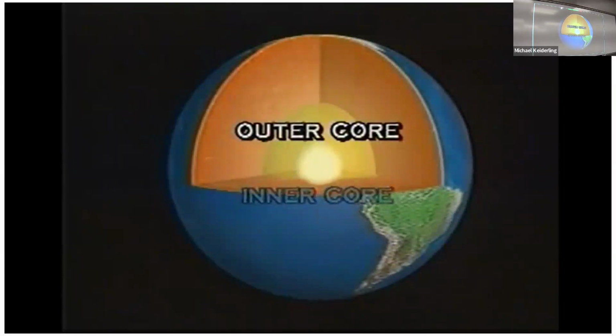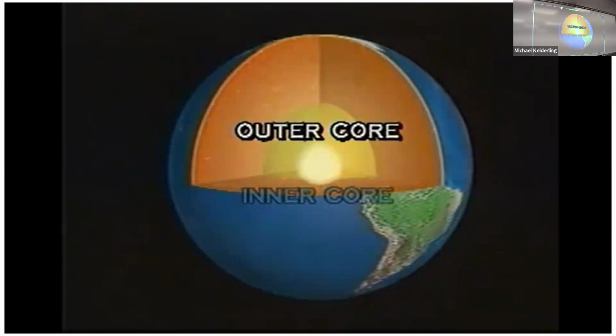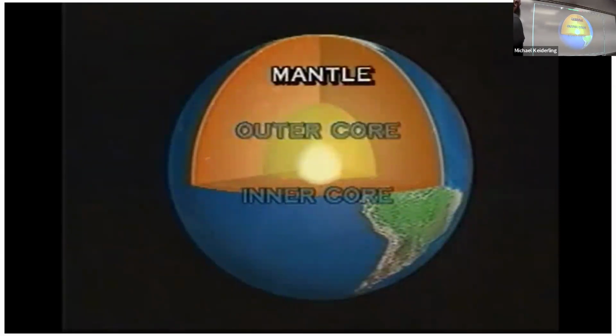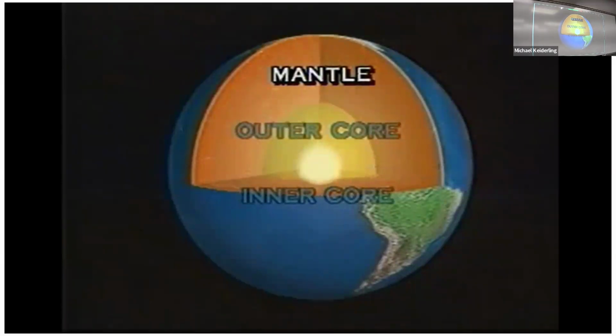This area is about 1,400 miles, or 2,300 kilometers, thick, and is believed to be molten or liquid rock. Nickel and iron are probably the main elements of the outer core. Next is the mantle, approximately 1,800 miles, or 2,900 kilometers, thick. Geologists think that most of the mantle is solid rock.